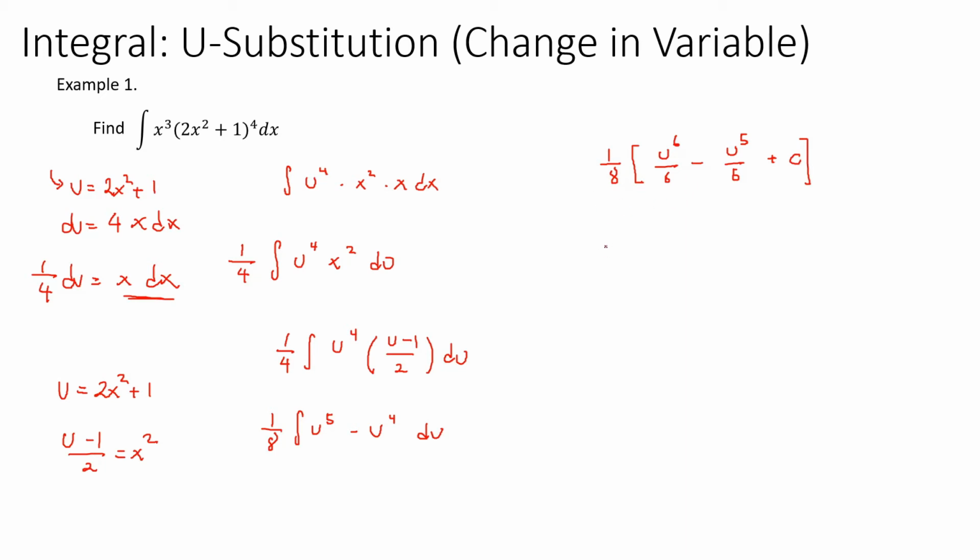So we have (2x squared plus 1) to the 6th power over 48 minus (2x squared plus 1) to the 5th power over 40 plus c is your integral.